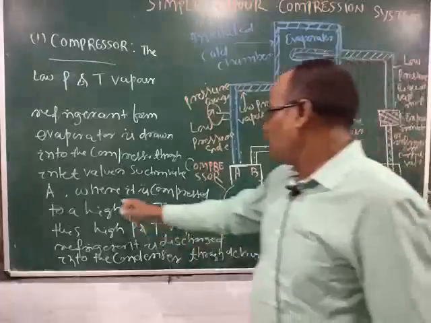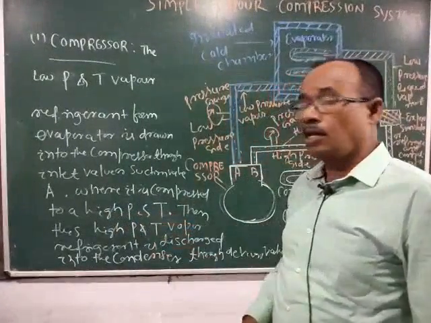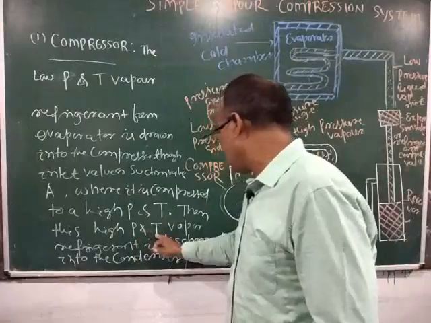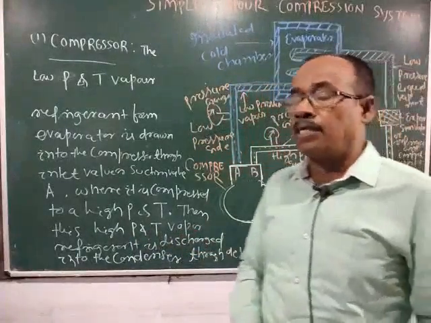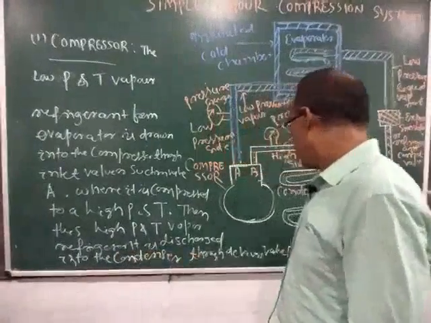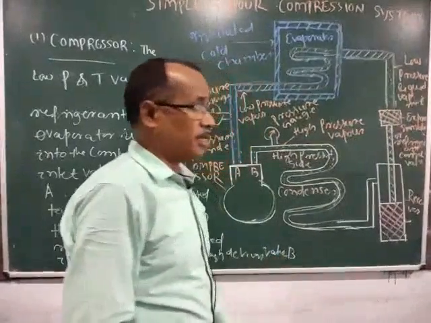Therefore, it is compressed to a high pressure and temperature. Then this high pressure and temperature vapor refrigerant is discharged into the condenser through delivery valve B.